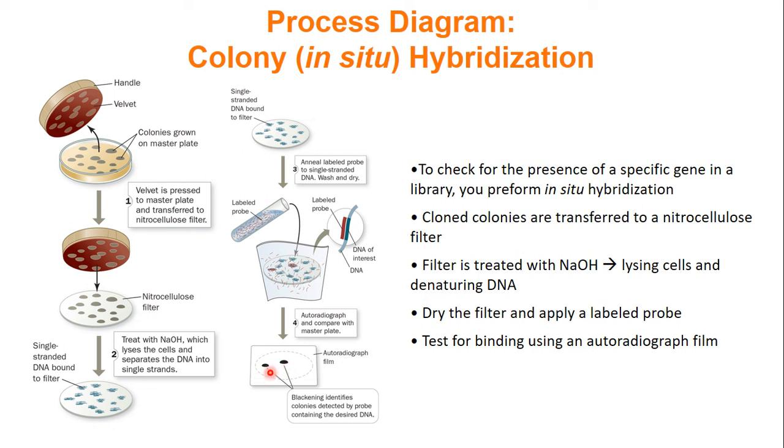If you know which colonies had your DNA sequence, you can go back to your master plate and pick out those colonies to grow your vector in. That's how we not only create a DNA library or cDNA library, but also determine which bacteria have our sequence of interest, which we can put into our vector and start producing our protein. And that is it for this video, and I will see you in the next video.